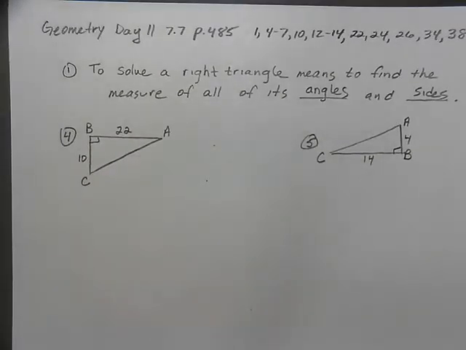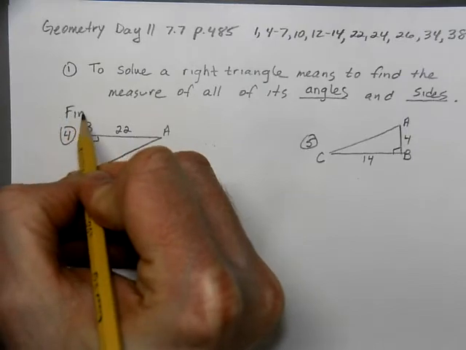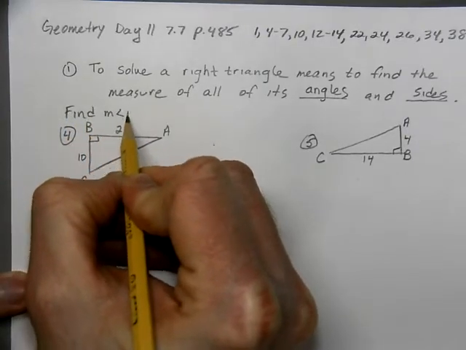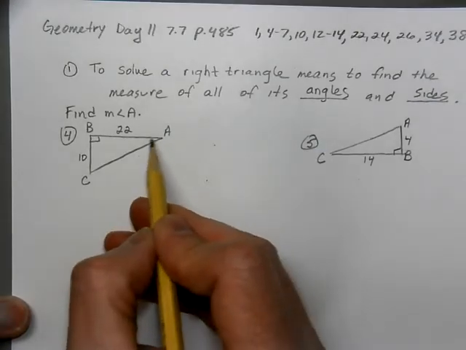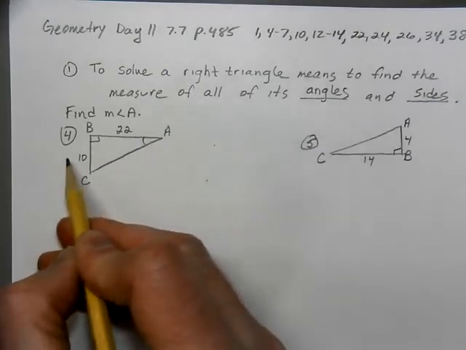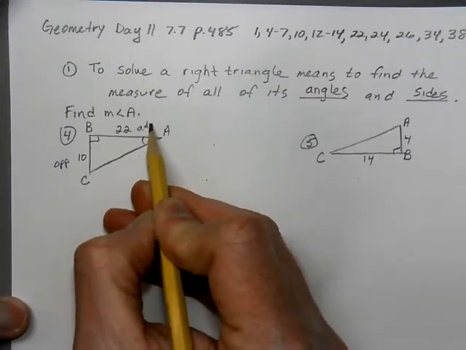Here we are with number 4. We're going to use a calculator to approximate the value of angle A. So we know that from angle A, the opposite side and the adjacent side are given.